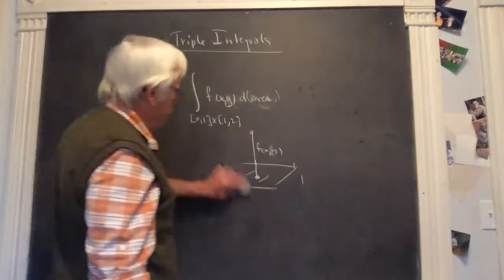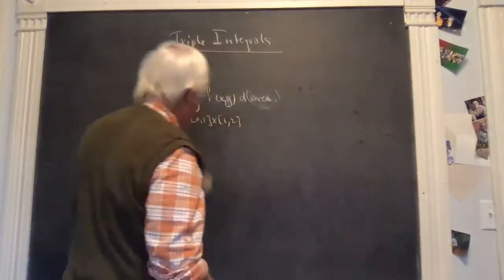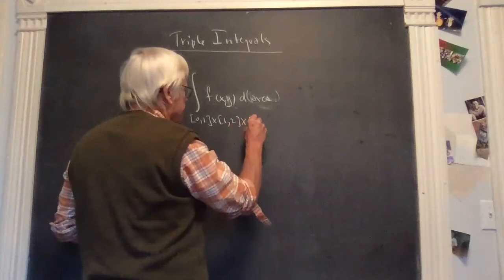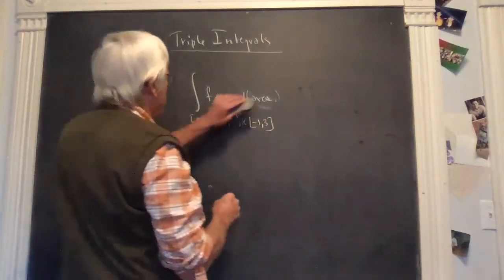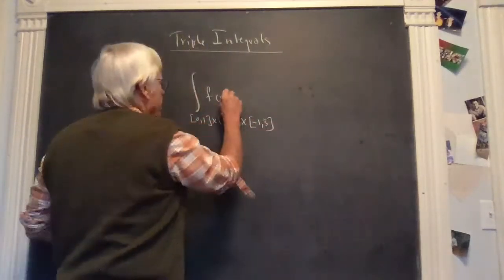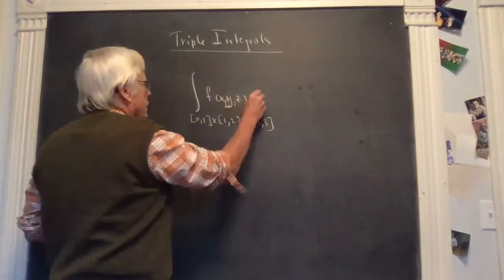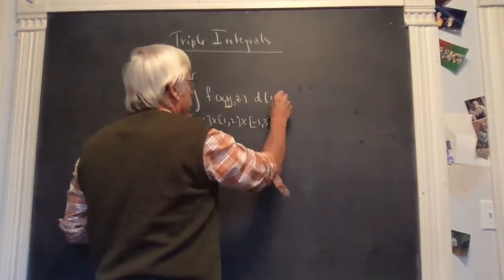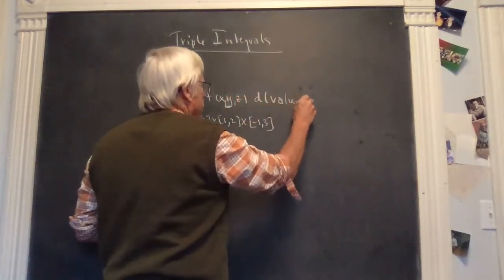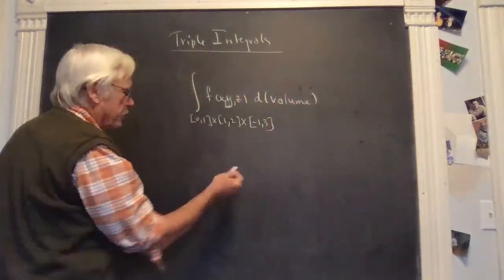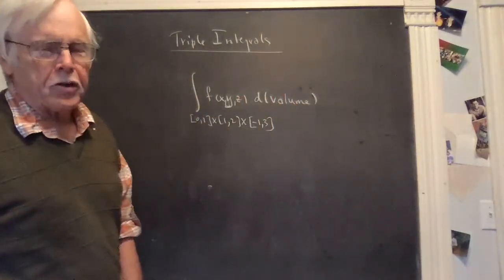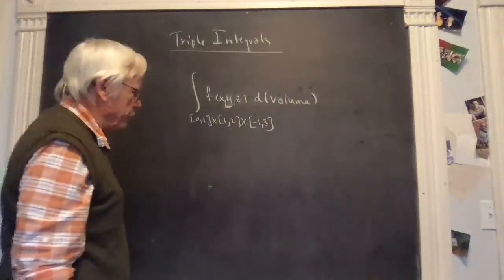Triple integral, almost the same. Except now you've got a z value up here, and you're integrating with respect to three-dimensional measure, volume, which means pictorially this is going to happen in four-dimensional space.